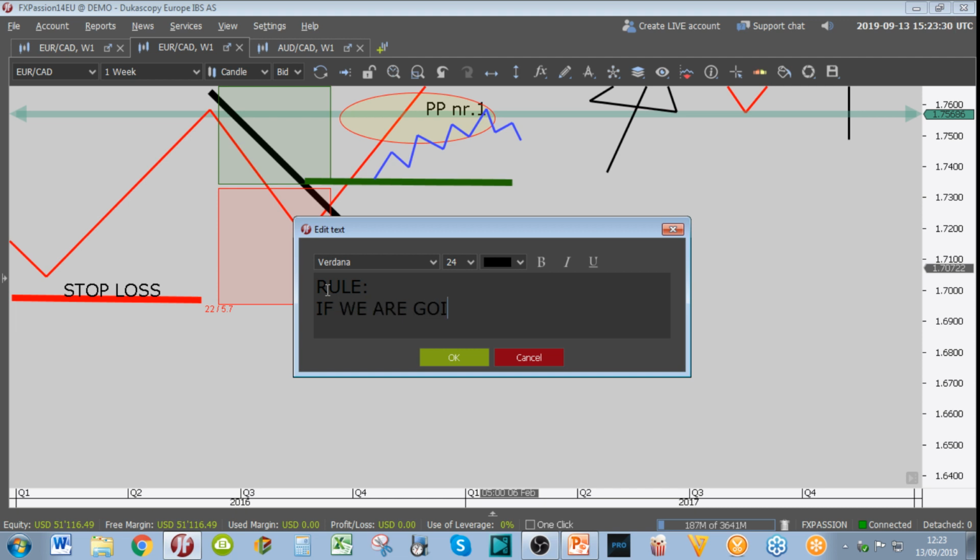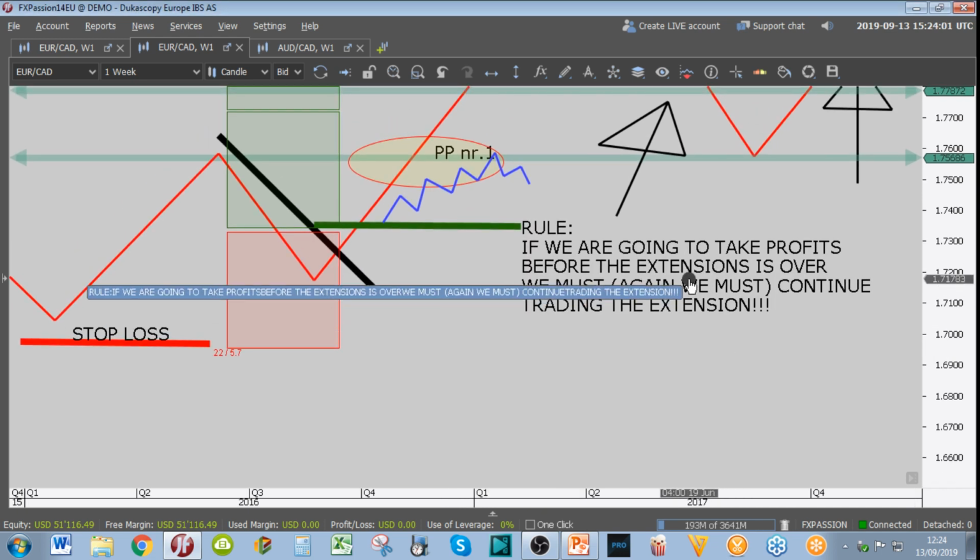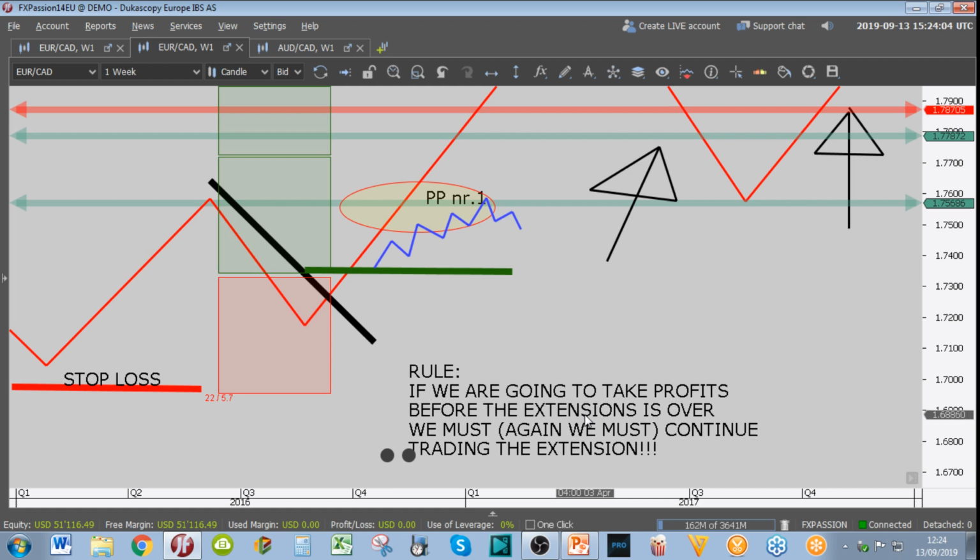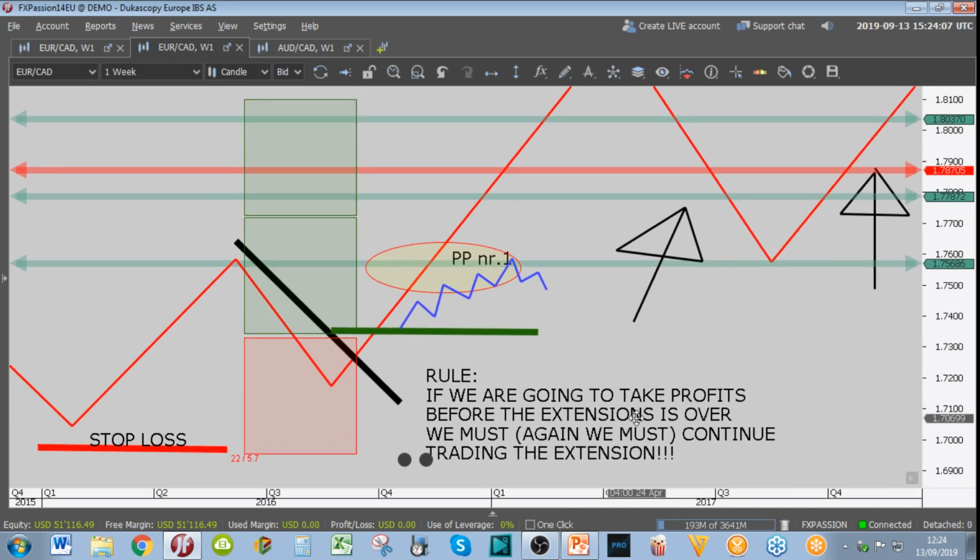If we are going to take profits before the extension is over, we must continue trading the extension. Okay? This is the 1 million, the 1 billion, the $1 trillion rule.